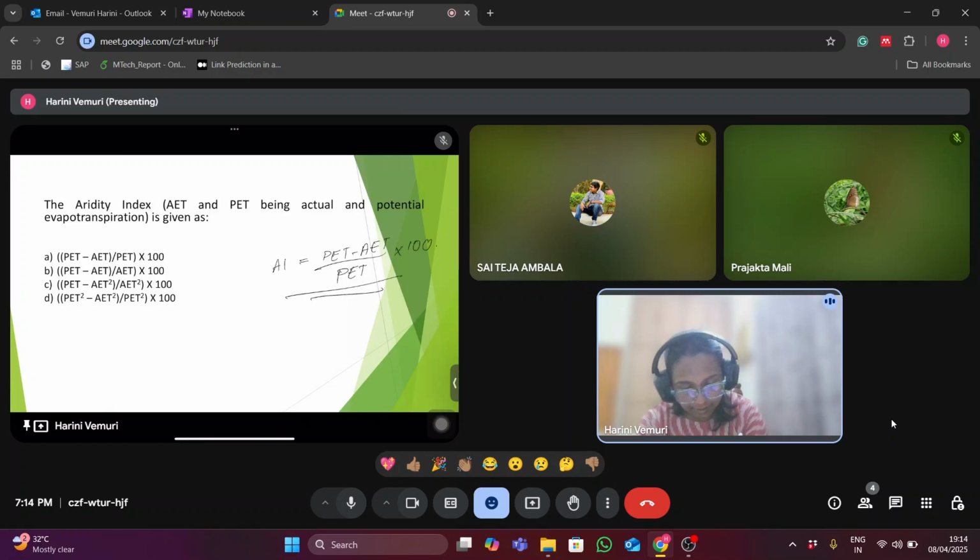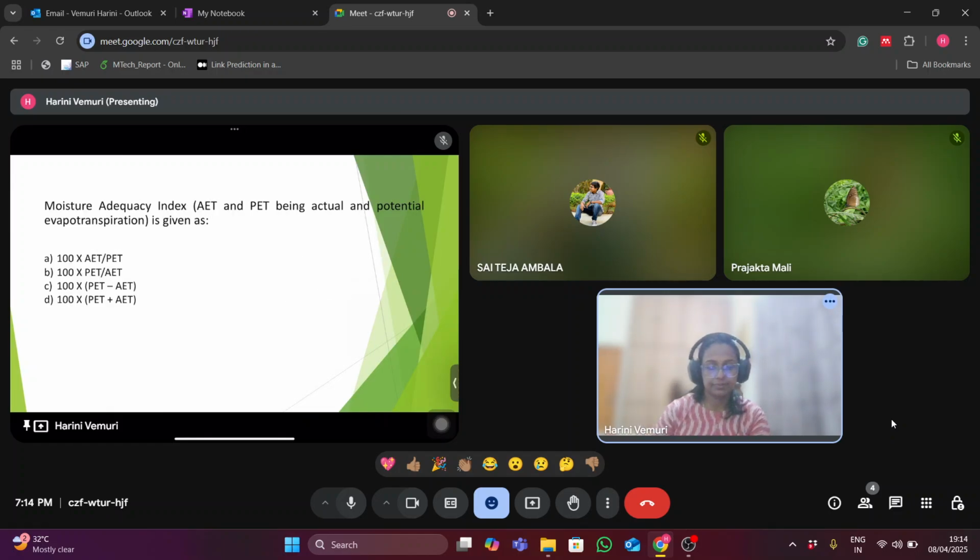So the answer is option A. Next, the moisture adequacy index, with AET and PET being actual and potential evapotranspiration, is given as: option A, 100 into AET by PET; option B, 100 into PET by AET; option C, 100 into PET minus AET; option D, 100 into PET plus AET. So here MAI is defined as AET by PET into 100. So the answer is option A.